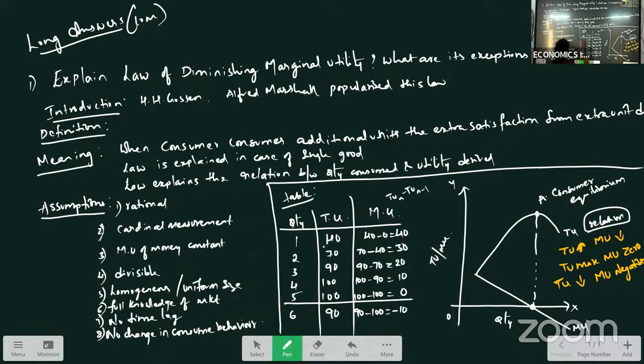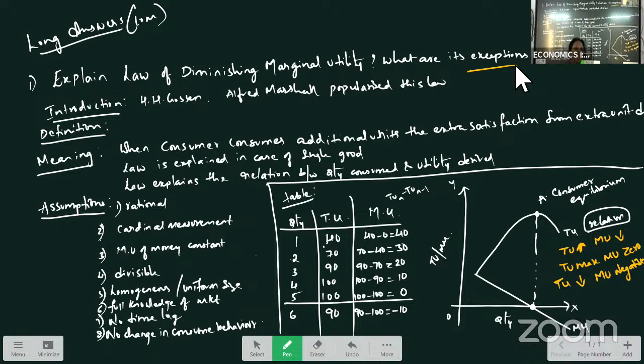And you should explain its exceptions and also limitations. That we have already discussed. What all assumptions we have made, if the assumptions are not applicable in reality, that will be our limitations, right? See, we assume that the consumer is a rational man, but in reality, the consumer is not rational.